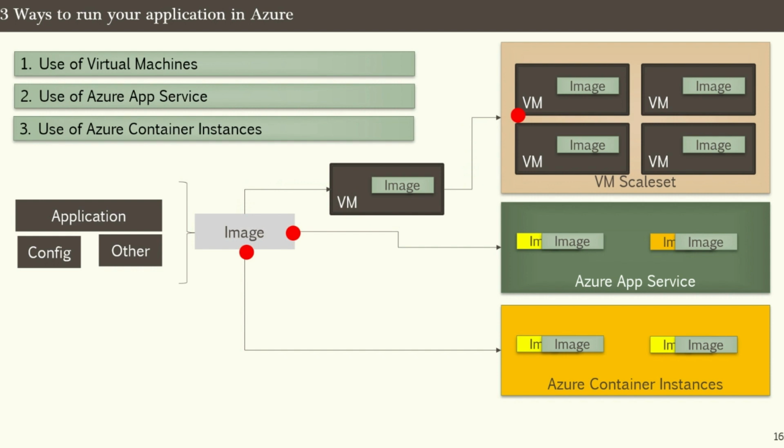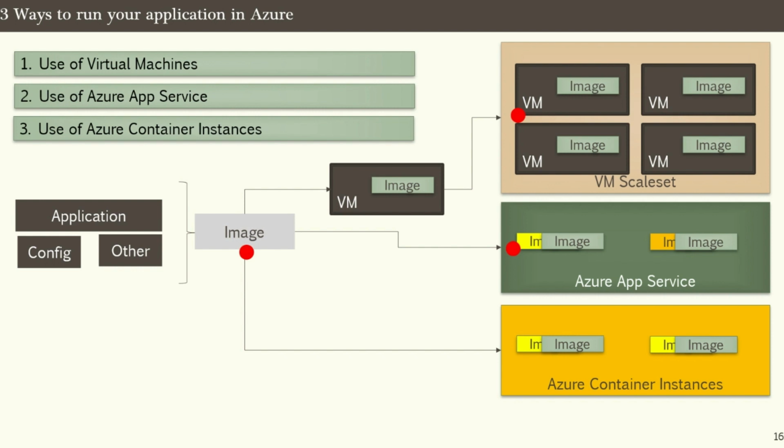And you can make multiple VMs and configure them under VM scale sets to meet your scalability and high availability requirements. Next, you can use Azure App Service. Build an image and then use Azure App Service to host and run your application.